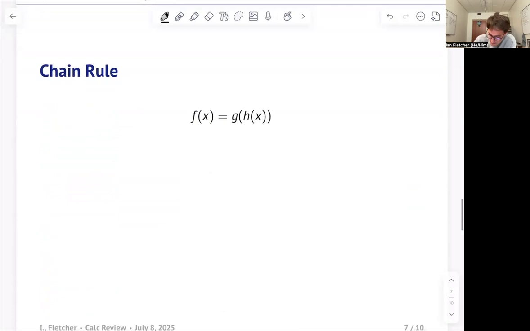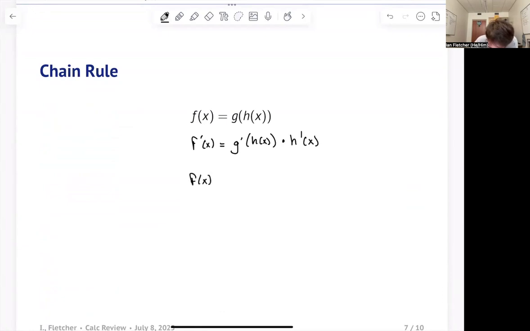Chain rule: we're going to take the derivative of the outside, leaving the inside as is, times the derivative of the inside. So if we had f of x equal to 2x squared, we know this would be just 4x squared, and so f prime of x would be 8x.